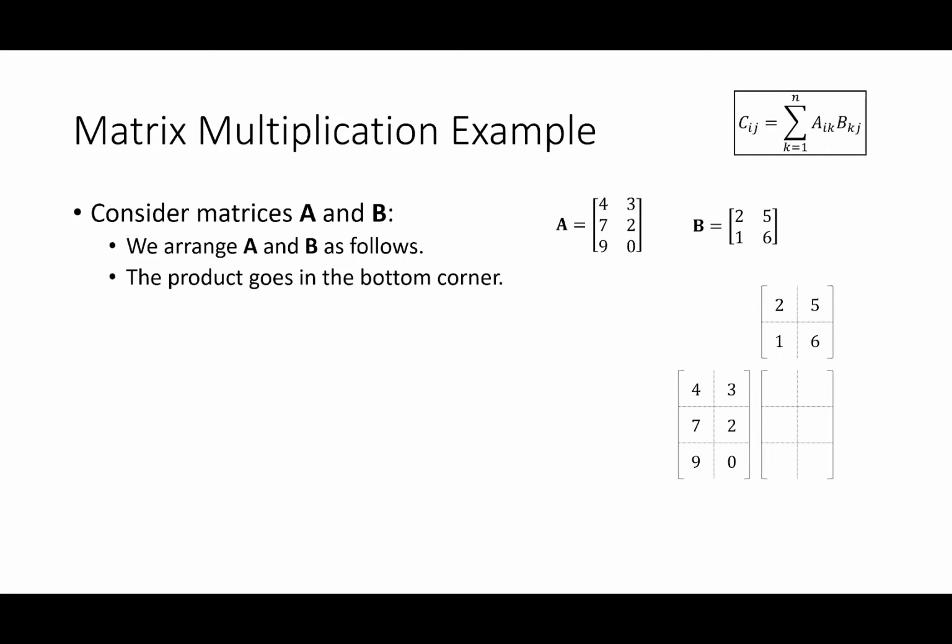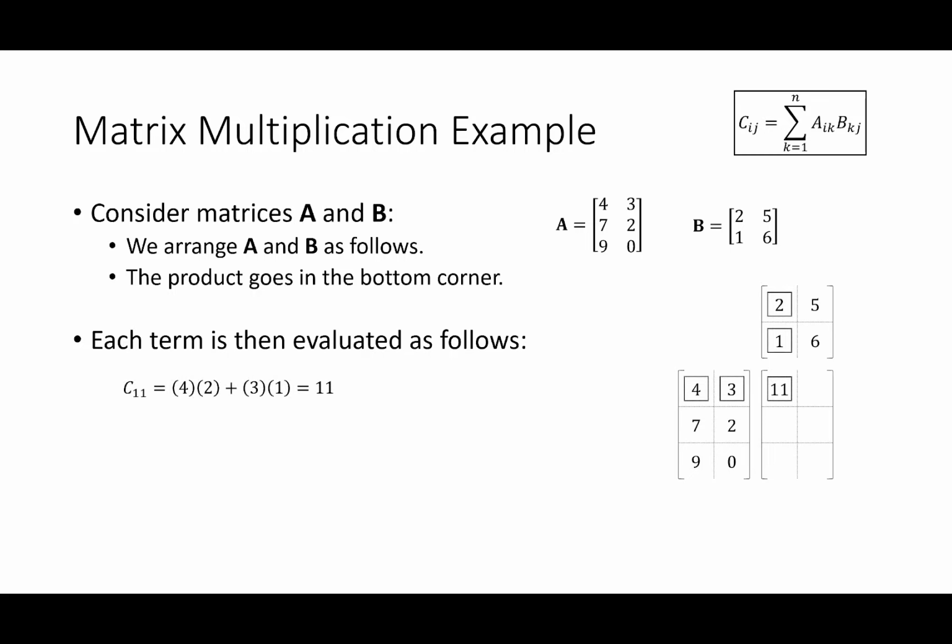And then I did a lot of work on the PowerPoint animations here, so watch this, okay? If I want to evaluate this term, what I do is I say, okay, 4 times 2 is 8, 1 times 3 is 3, 8 plus 3 is 11. And then the next term is going to be, okay, this is 20, 18, 38. Anybody ever seen matrix multiplication this way? I'm just curious.